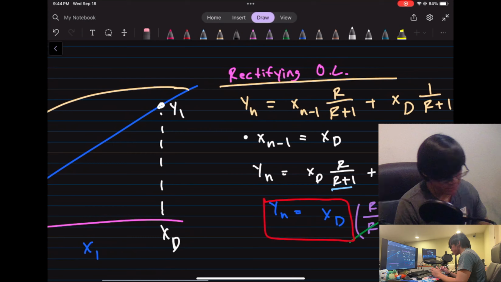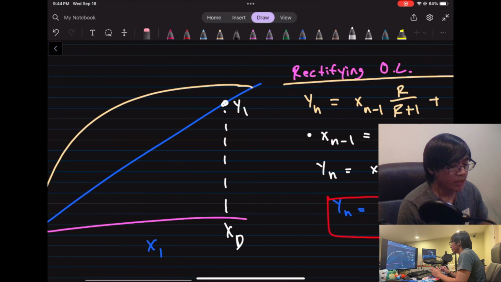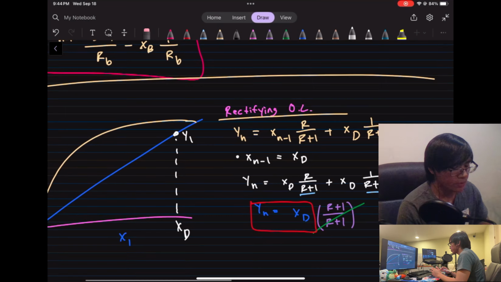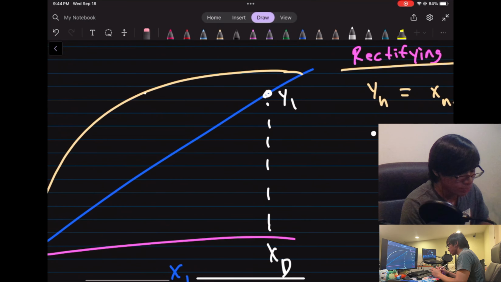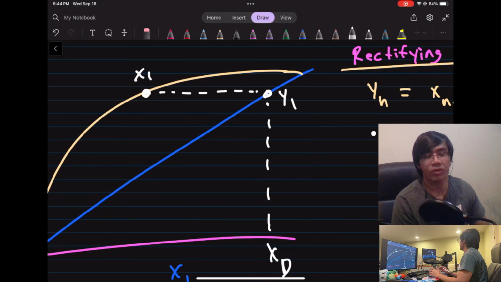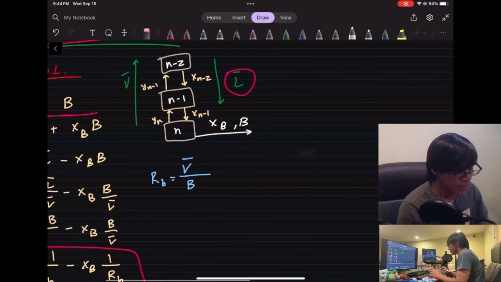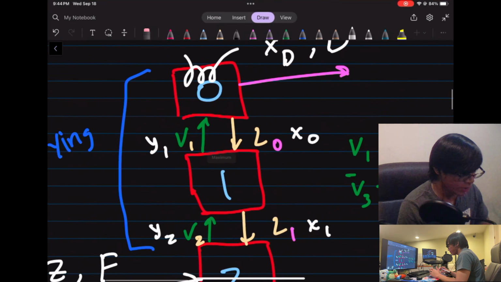And from this, now that we have a point, we can actually relate this to the equilibrium curve. We have a corresponding liquid mole fraction at that corresponding vapor mole fraction, y1. So again, going back, we have our y1.